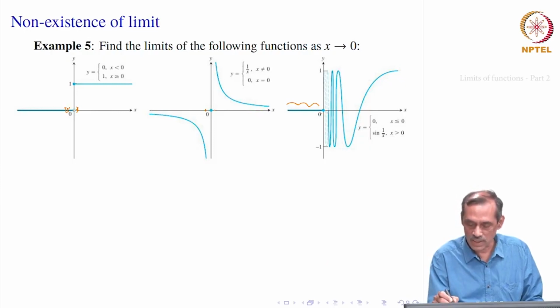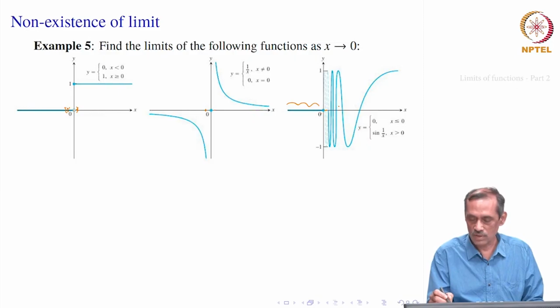When x is remaining near 0, sine of 1 by x really is oscillating. It keeps taking values between minus 1 and 1, staying near no single number between minus 1 and 1, but almost going near everything between minus 1 and 1. So, this is an oscillating behavior near x equal to 0.